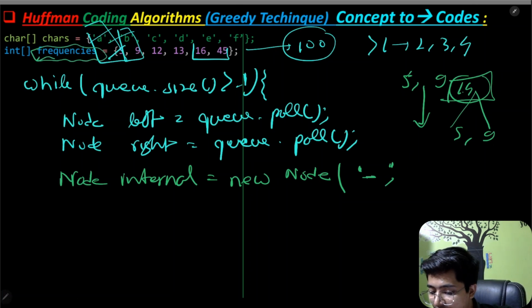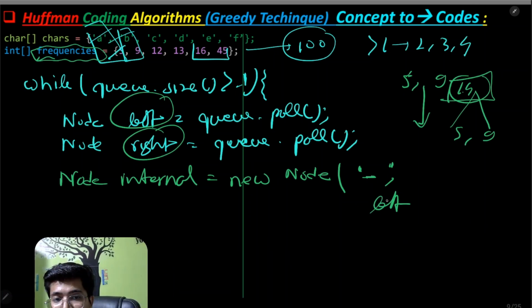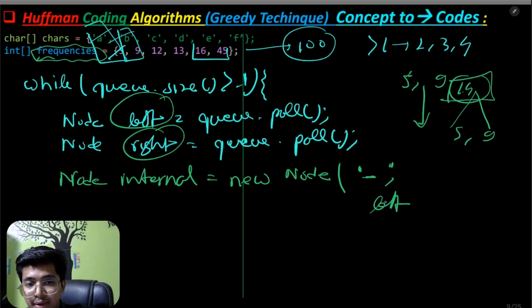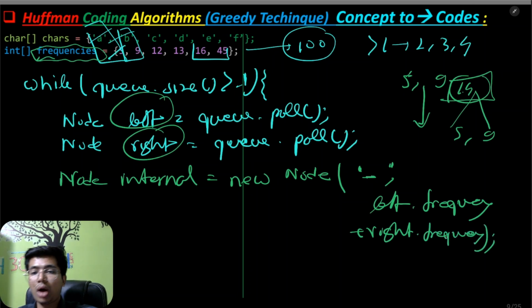So from the left node we access the frequency: left dot frequency plus right dot frequency. Now those will get added, and the node will get constructed like this.